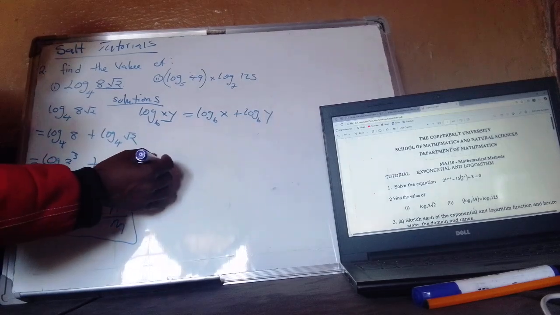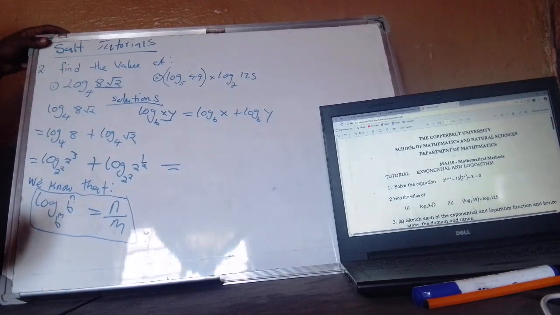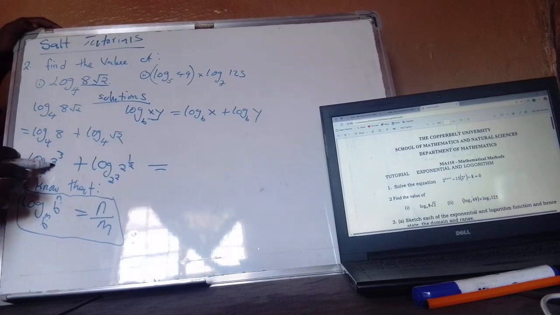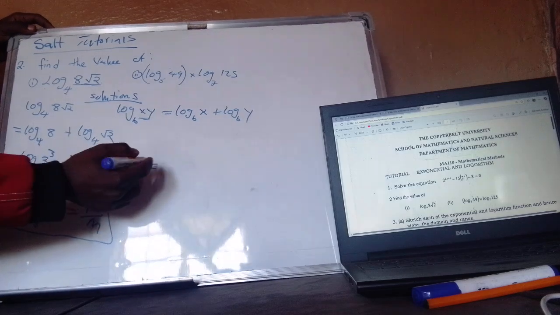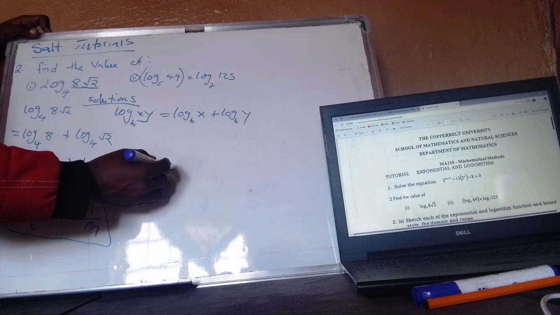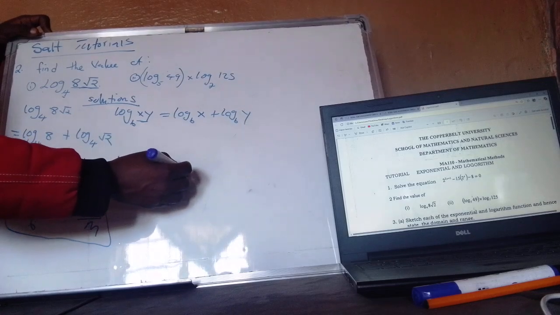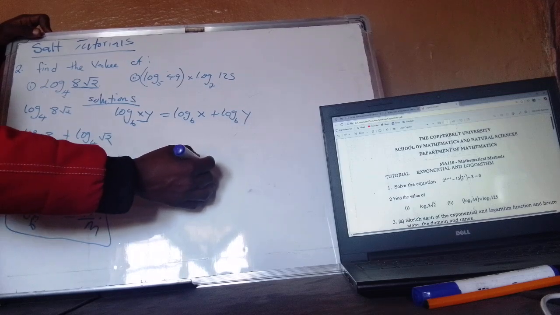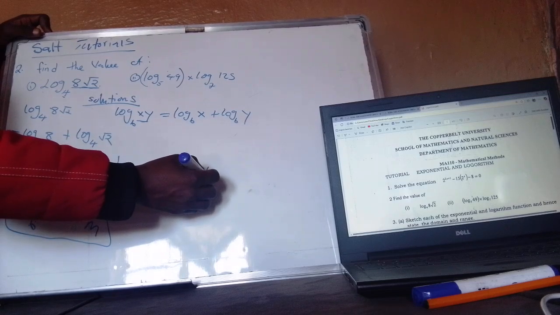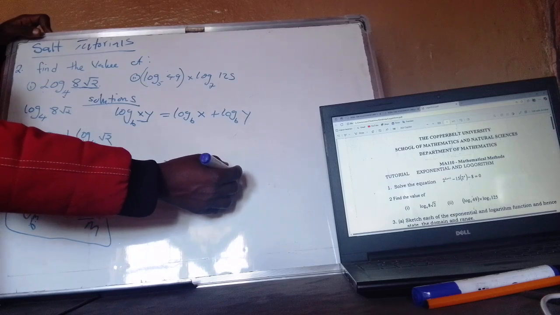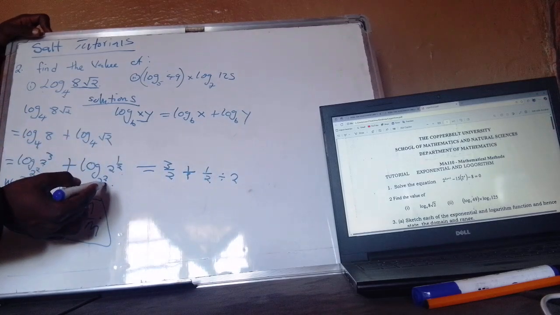So this is basically equal to what? Since the base and the input are the same but with different powers, for the first one I'm going to have 3 over 2, plus the second one, which will be 1 over 2 divided by 2, because the power here is a 2.